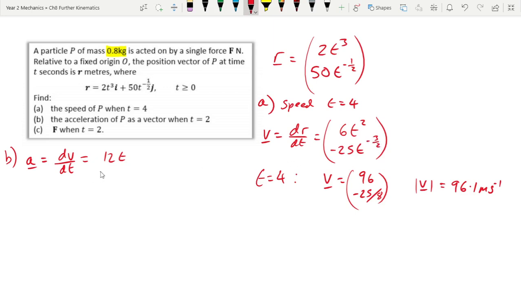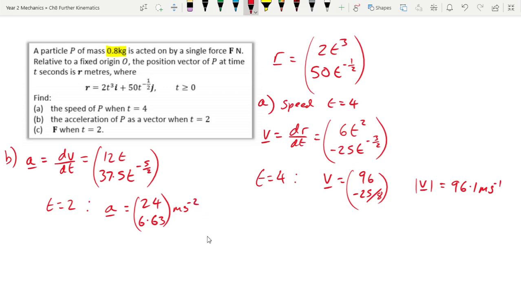So that will give me 37.5t to the power of minus 5 over 2. Okay. Then substitute in t equals 2, and I get 24 on the top, and on the bottom the j component is 6.63 meters per second squared.